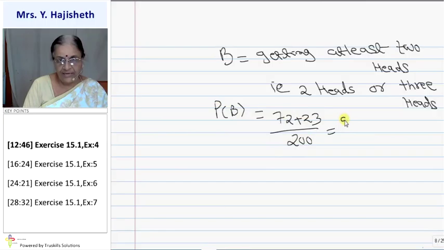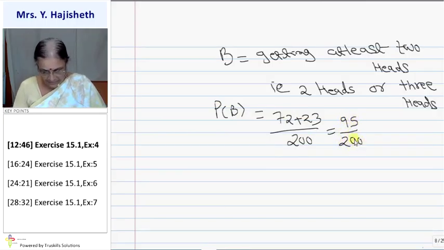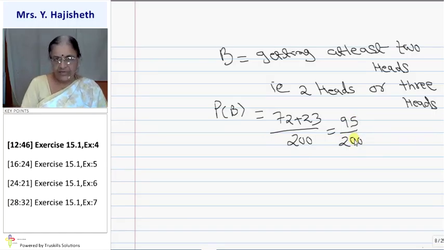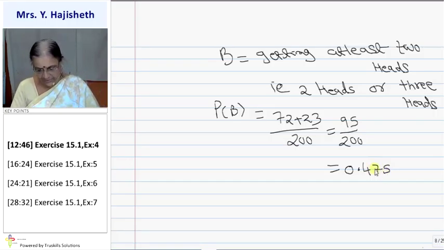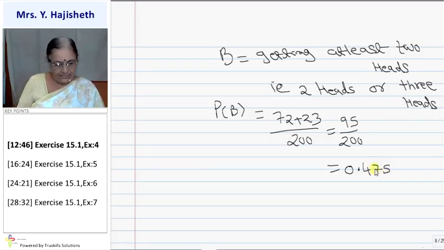So it is 95 upon 200. Clear? That will be your answer, in decimal it will be 0.475. This is the probability of getting at least 2 heads. Okay.